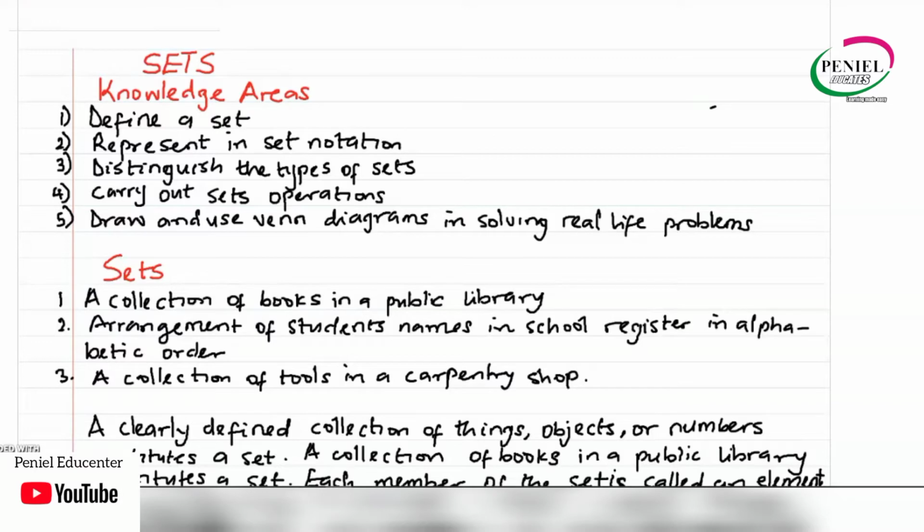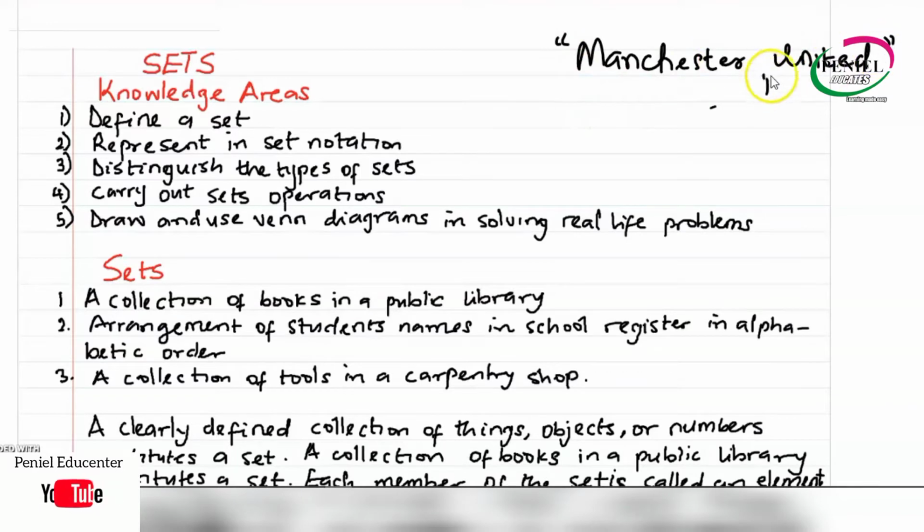If you talk about a football club, let's take for example Manchester United. The Manchester United players are a set. So Manchester United players is a set.